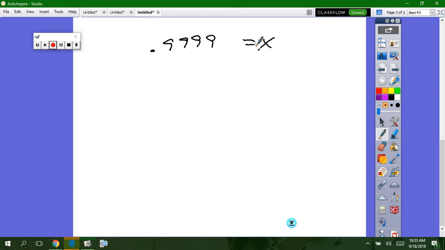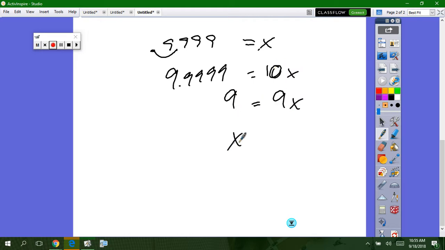Is everybody there with me? So this would be 9.9999, which is 10x, because I multiplied it by 10. That's why we move the decimal one place. Basically, that's the formula. Pretty cool, huh?